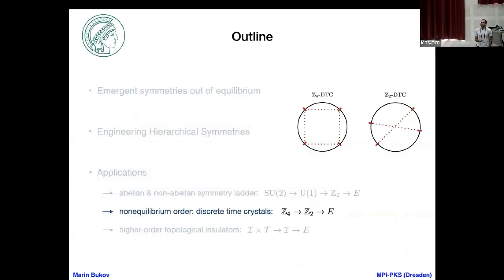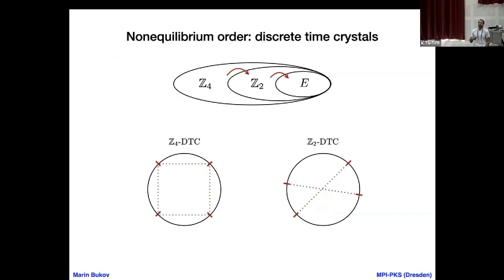Okay, so now I showed you how to see some conventional types of order, but of course we have a non-equilibrium system. And so another thing you could do is start thinking about whether you can play also with non-equilibrium order. A specific example of non-equilibrium order are discrete time crystals that I think Christoph Sacher talked about last week.